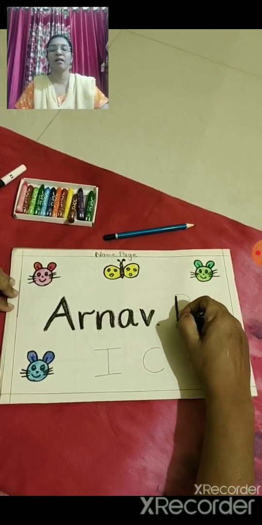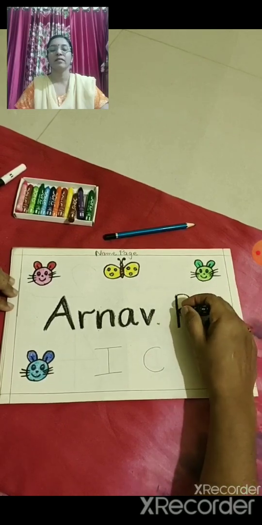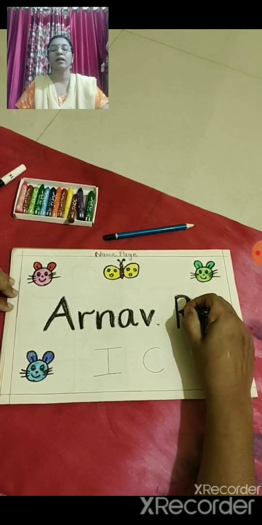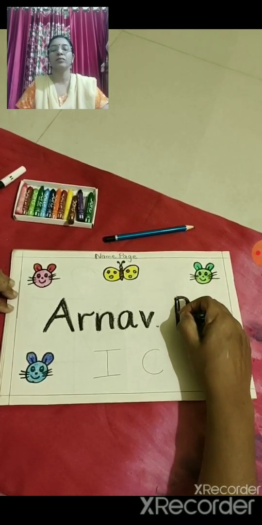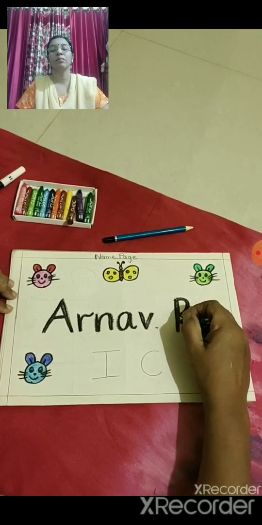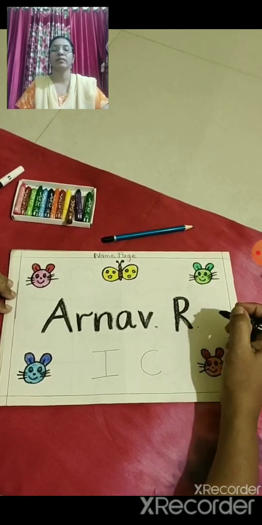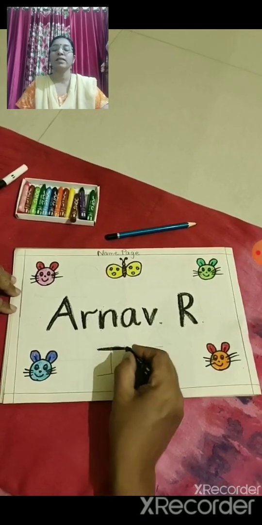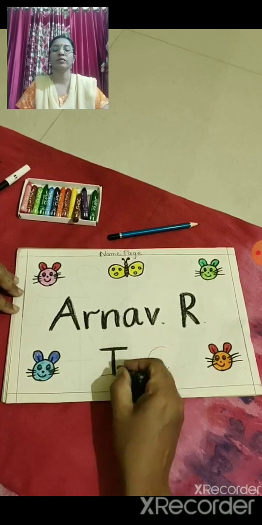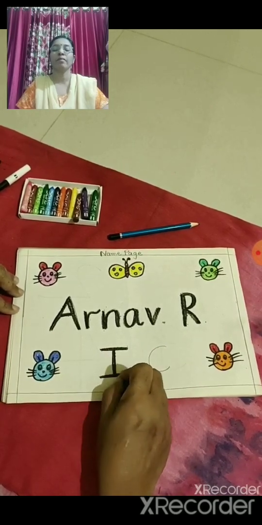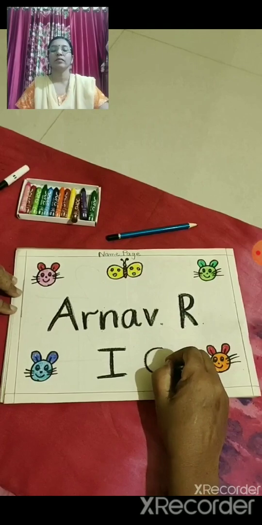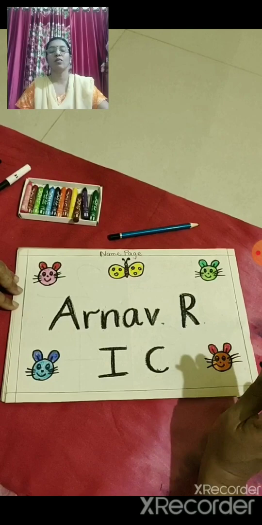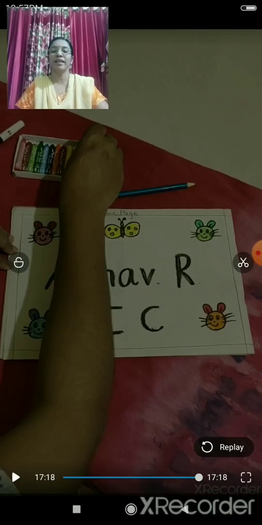Arnav R. So we have finished coloring the Arnav with black color. Now the same color I am going to use, that is black, for the standard and division. Standard and division. So our name page is ready.